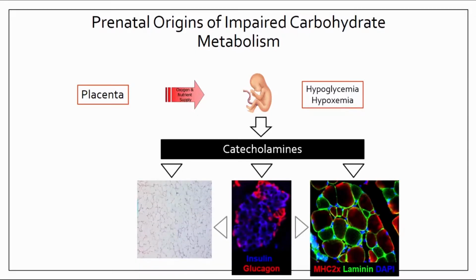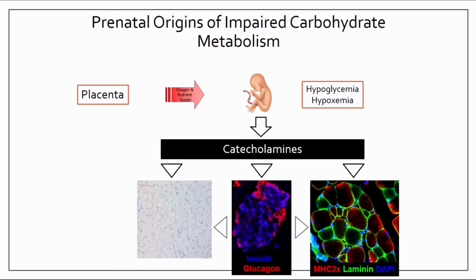And the story that we've been working on is trying to understand how these catecholamines can impact skeletal muscle or adipose tissue, those insulin responsive tissues, or actually impact the islets of Langerhans, specifically the beta cells, to understand how insulin secretion is altered in response to not only growth restriction, but also high catecholamine concentrations.